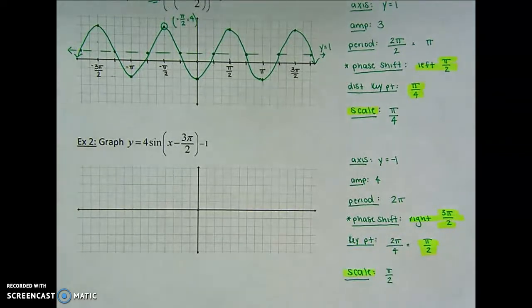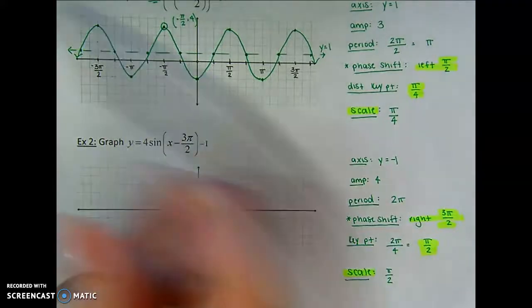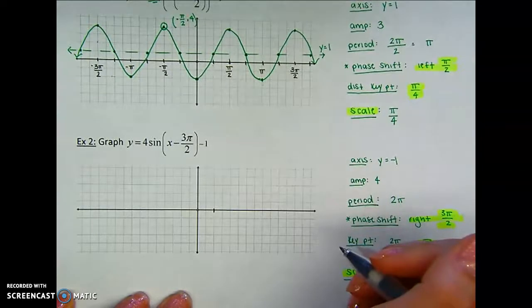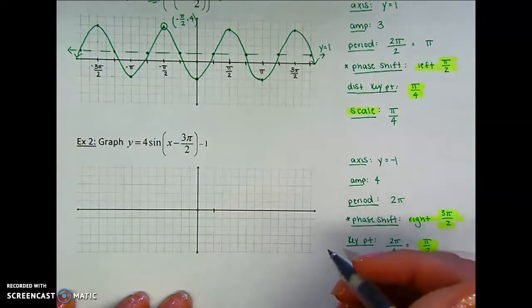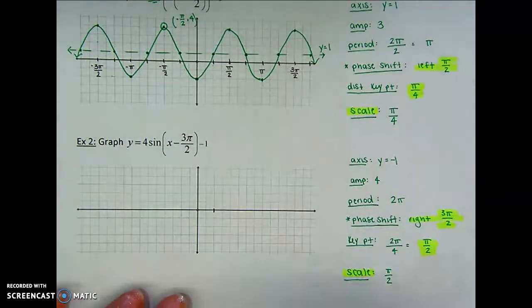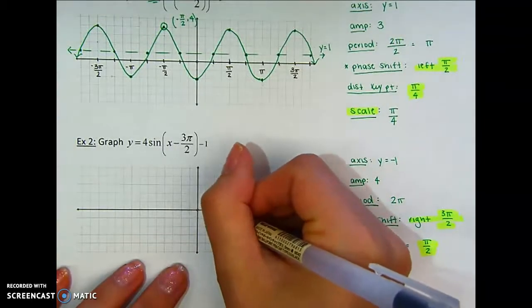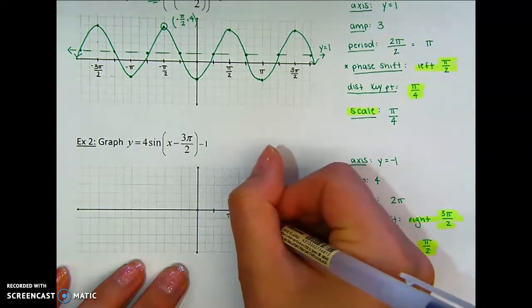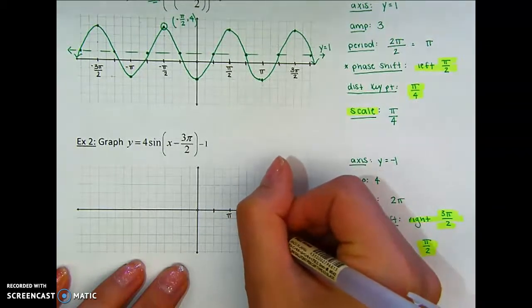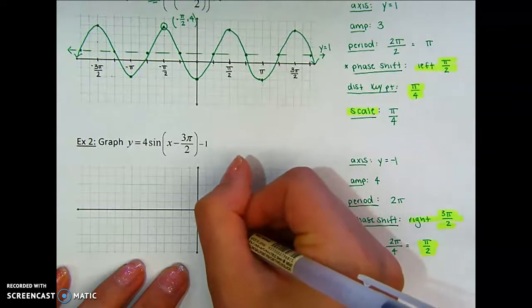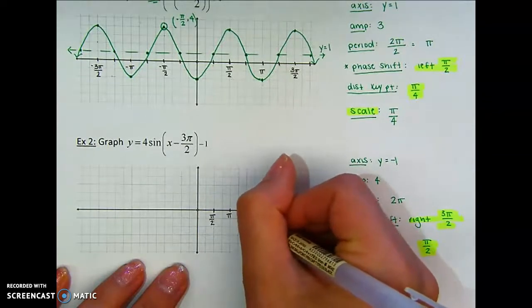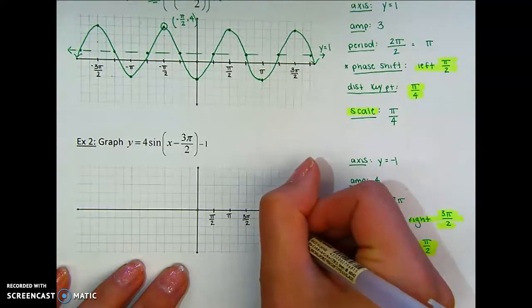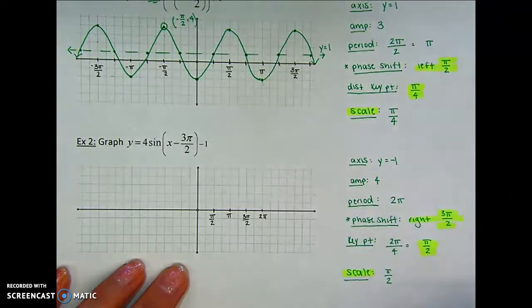Okay, so let's label our coordinate plane then. So instead of having this be 1/4, I'm going to just start with pi over 2. So this is pi over 2. I don't know why I'm counting all of them.